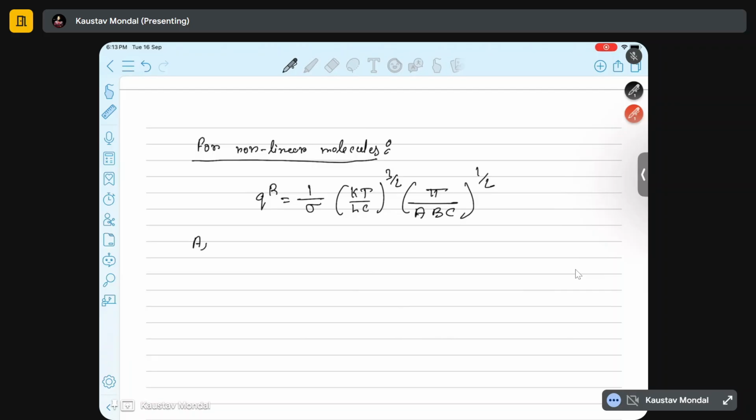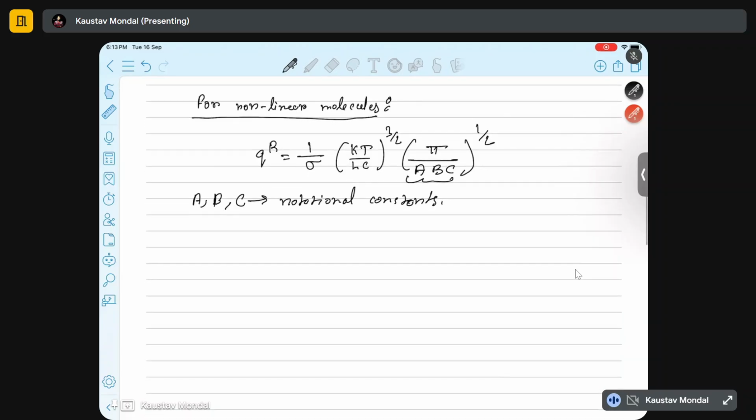So here the new thing that comes first is the introduction of three constants, which are A, B, C. Instead of one constant as in the case of linear molecules, here we are using three rotational constants, A, B, and C. There is no mathematical expression defined for these constants.